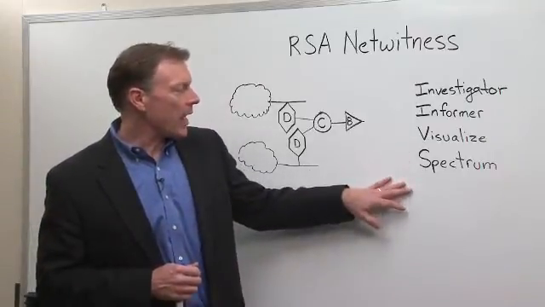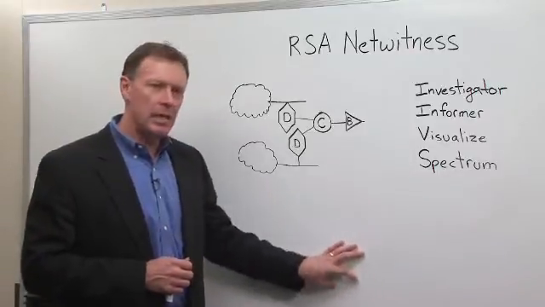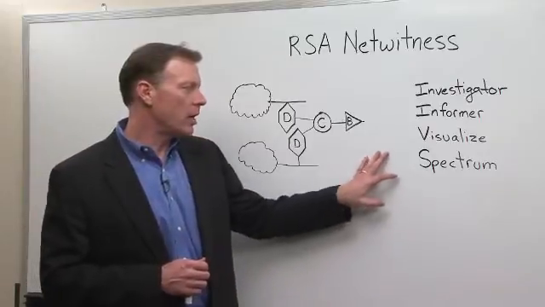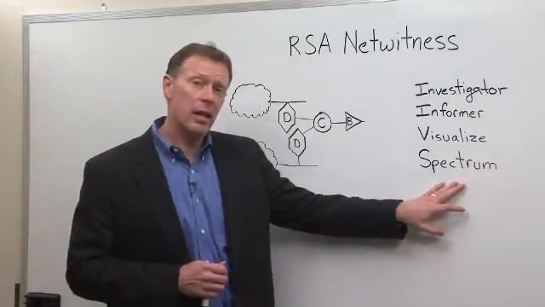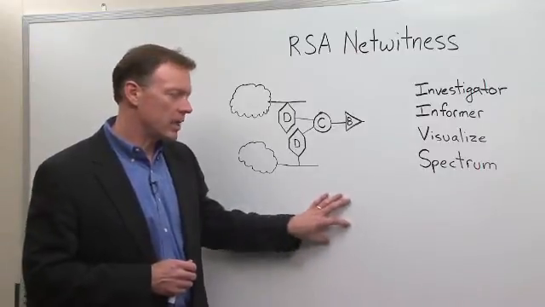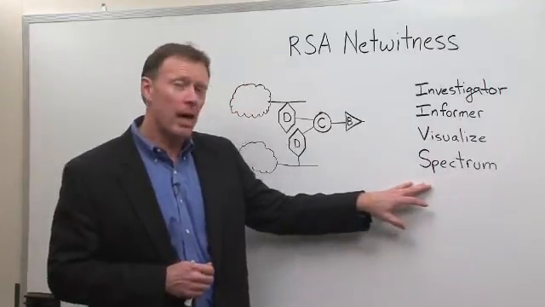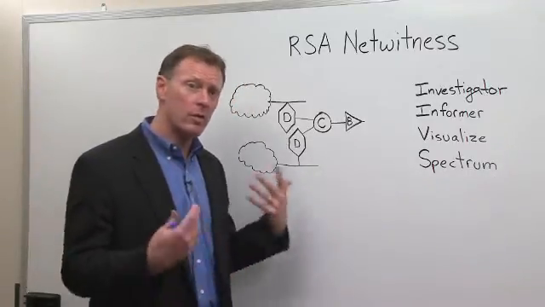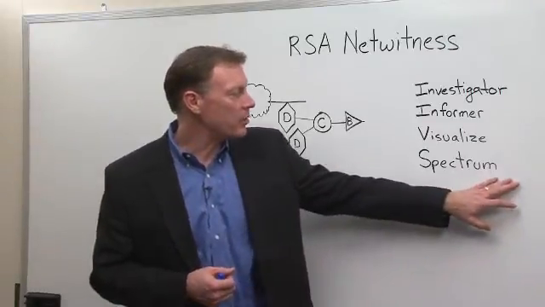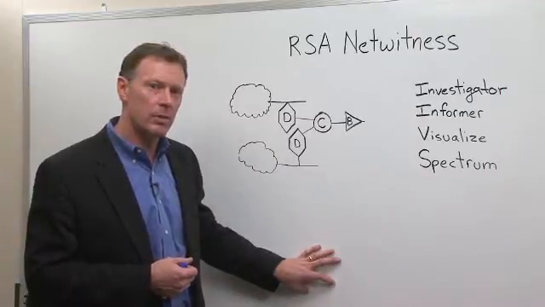But suppose that you had captured all the network traffic from that PC within the corporate environment, and you've done a malware analysis on any executables that were downloaded to that PC over the last couple of weeks. Spectrum does that automatic malware analysis and can alert you if you are so inclined, but you can also go through that and determine whether or not there was indeed some malware downloaded to that PC.